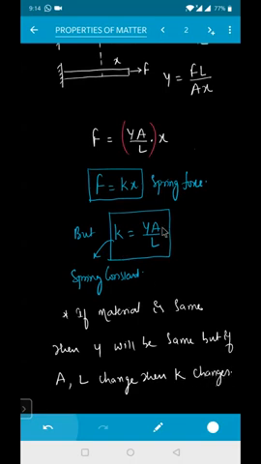The material is same, that means Y will be same. If you are changing the area and if I am changing the length, the value of K will be changing.